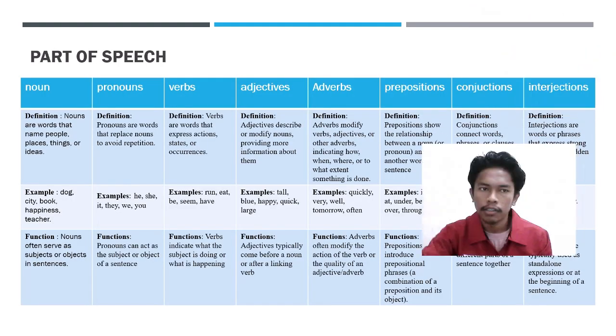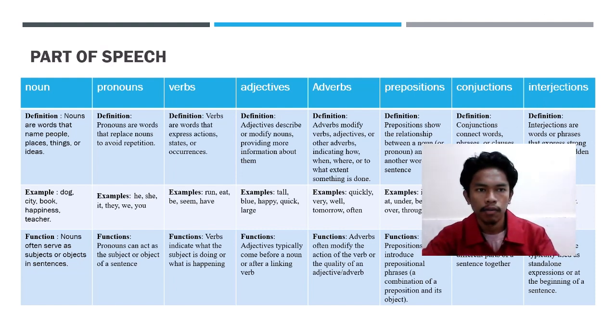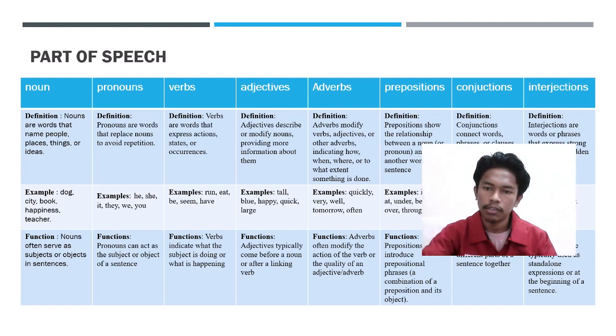Alright, here is parts of speech. We know that there are 8 parts. So guys, if you're starting to learn English, you need to know the parts of speech first.